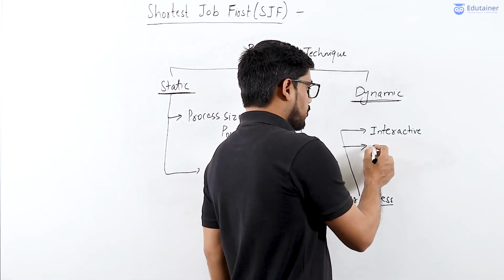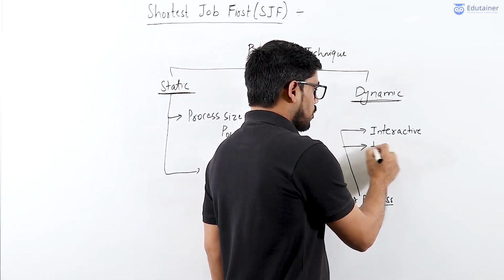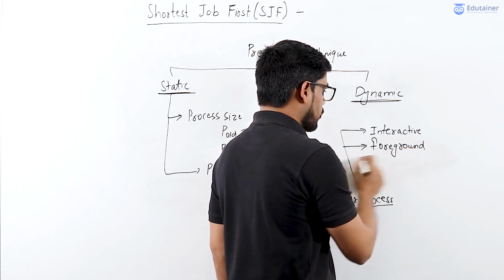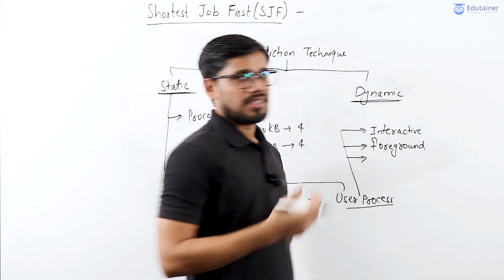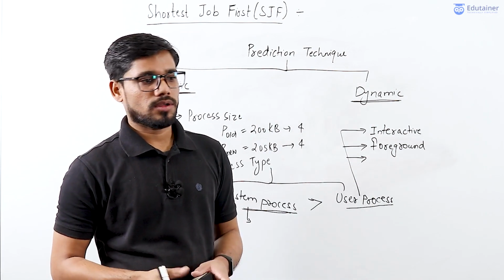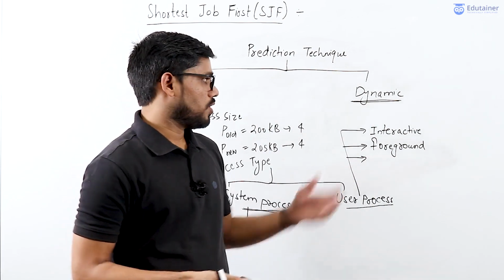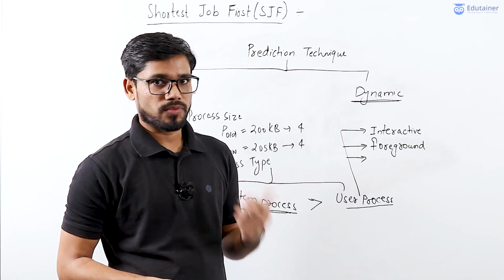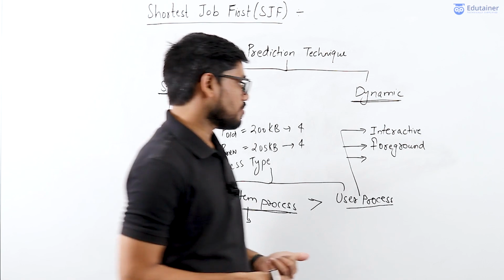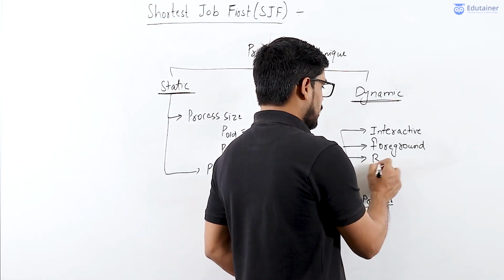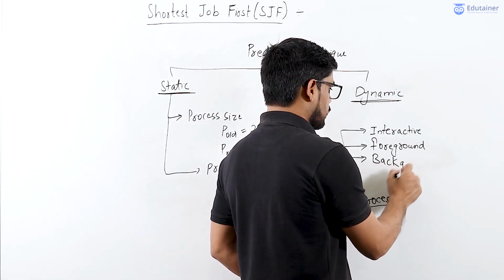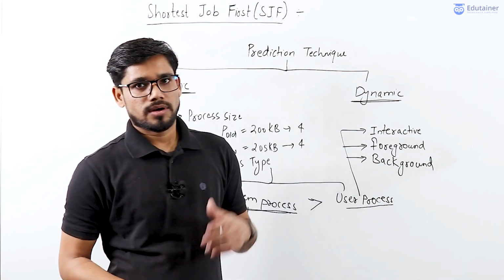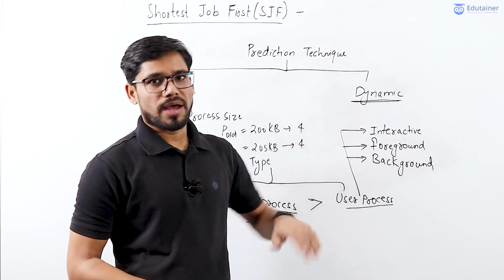The other type of process is the foreground process. Foreground process means we can see the application or the process. So in a foreground process, the particular application is running in the foreground, which you can see easily. And the next one is the background process, which we cannot see directly, as it runs in the background.